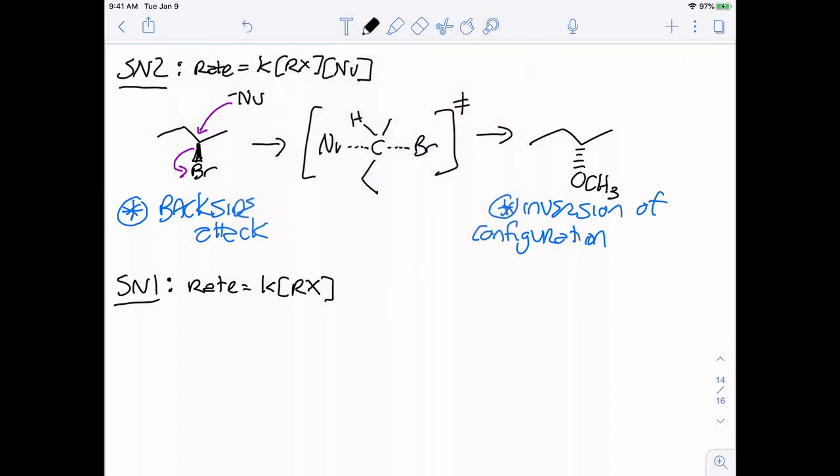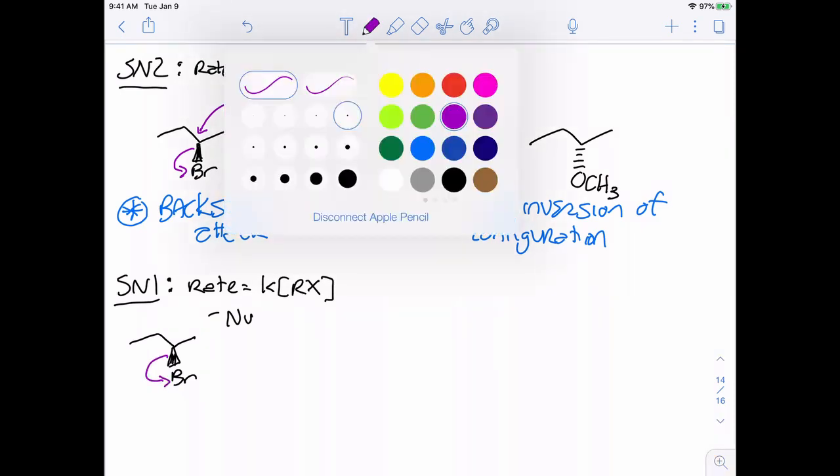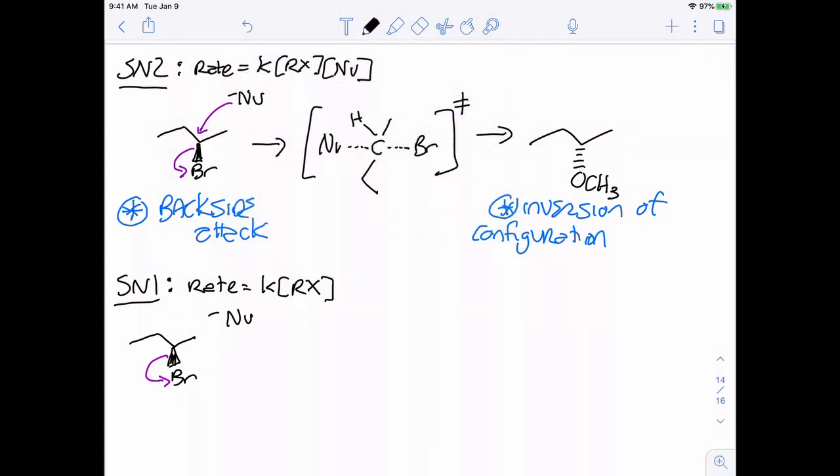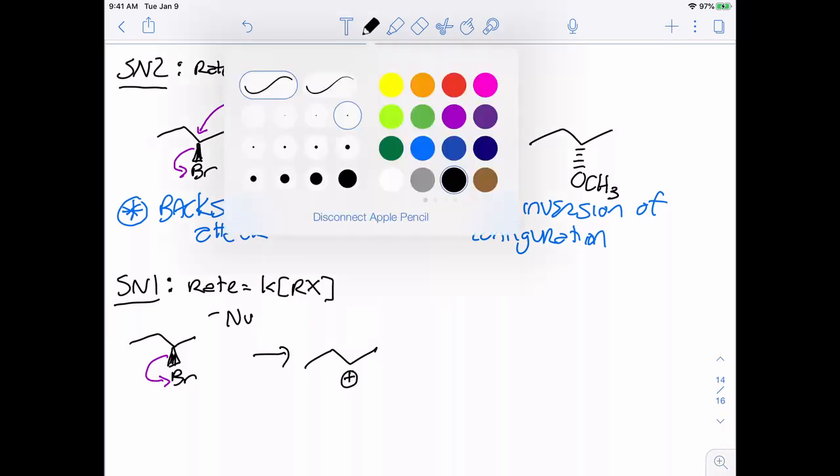With my SN1 reactions, and we'll draw the same stereoisomer. My leaving group is going to leave first, taking those electrons with it. That's going to produce a carbocation intermediate. And then we want to remember it's planar.